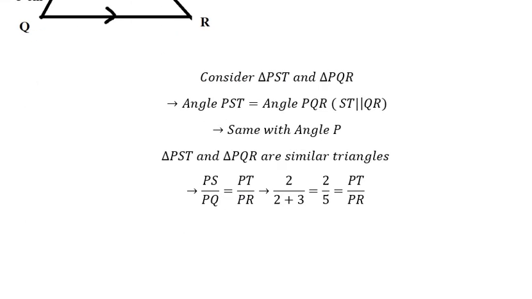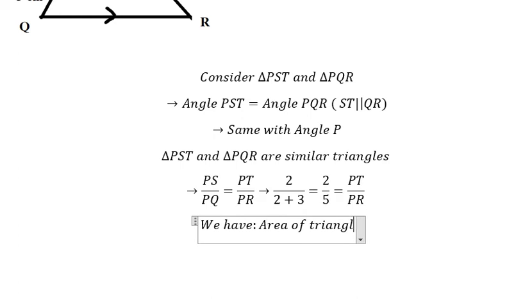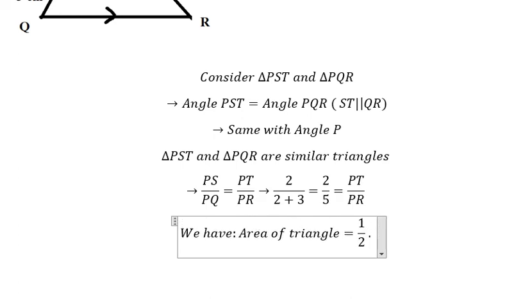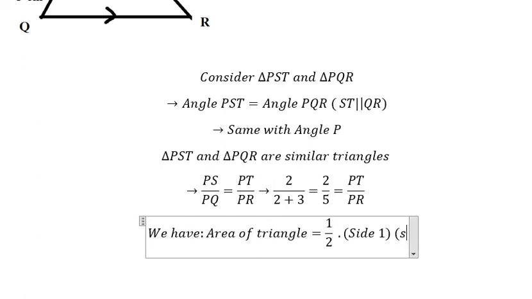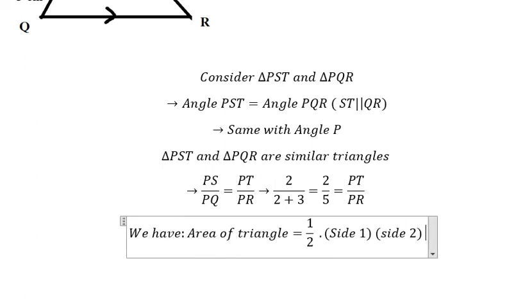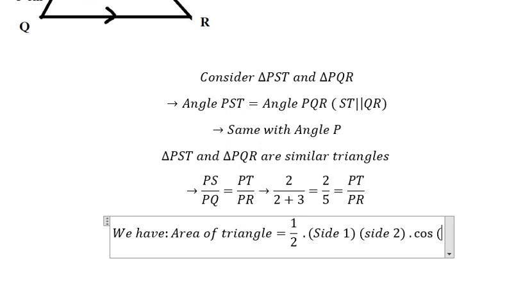Now we have the second formula in here. The area of a triangle should be 1 over 2 multiplied by side number 1 and side number 2, and we have the cosine of the angle between side number 1 and side number 2. So I will put alpha in here.